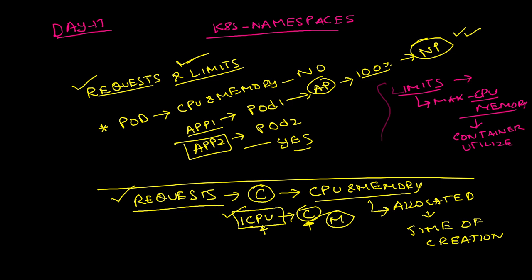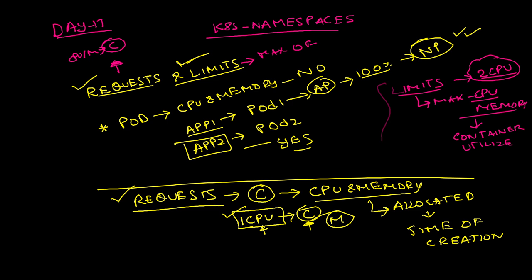And if I'm saying the limit is 2 CPU, meaning 2 virtual CPU, then in this case the maximum CPU a container can consume is 2. So request is the amount of CPU and memory which is allocated at the creation time of our container. Limits is the maximum amount of CPU and memory a container can utilize.